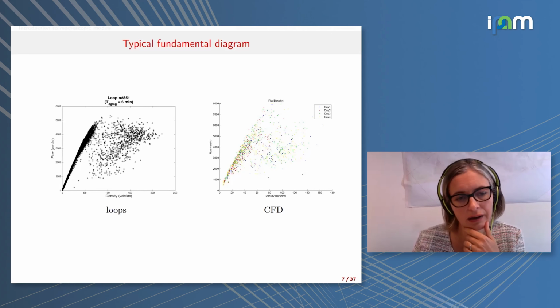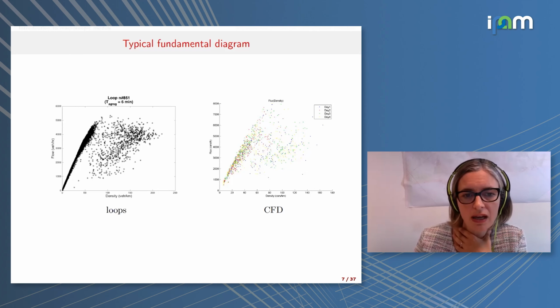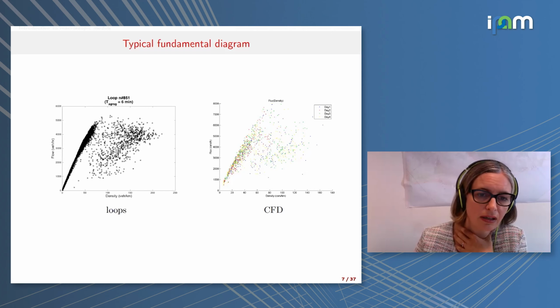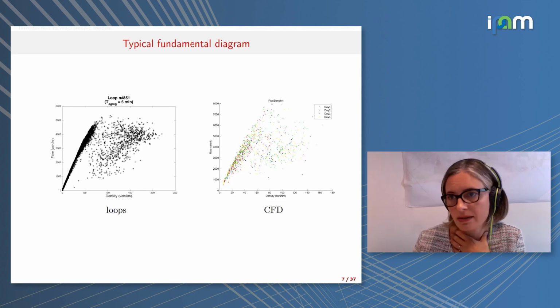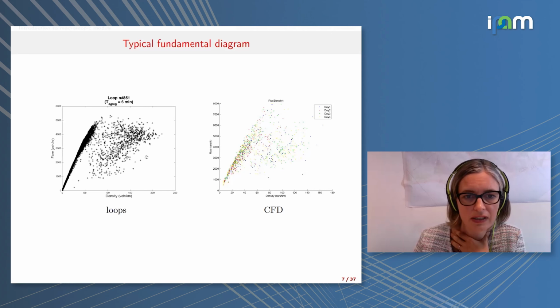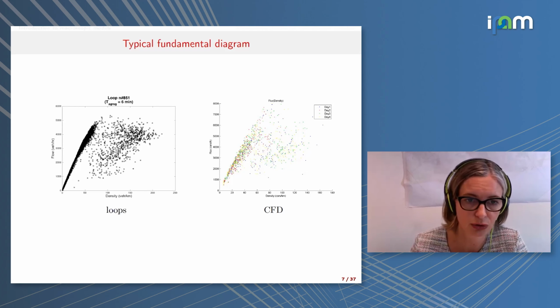And then a cloud of points for which at each given density we have many different values of the flow, which correspond to congestion. So when the traffic is congested, what you recover from the data are these points here that are scattered in 2 dimensions in the fundamental diagram.